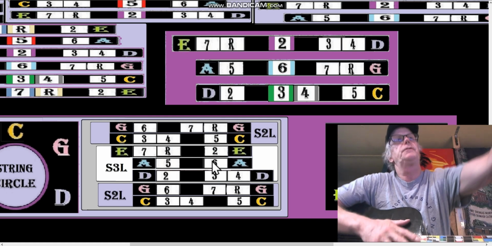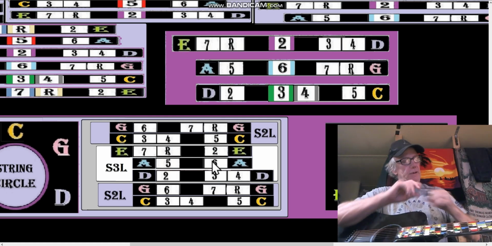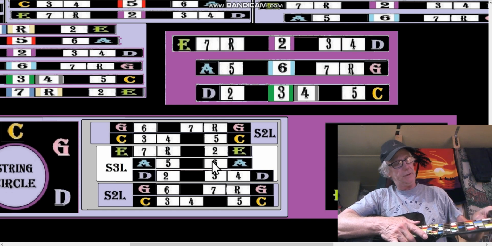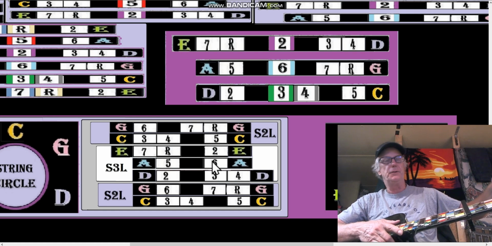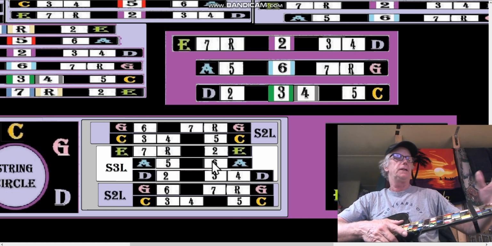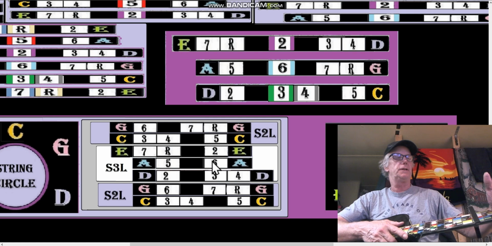So if this is my guitar, your guitar, our guitar here, I have a little extra notes because I down tune those strings, so that gives me this register down here.